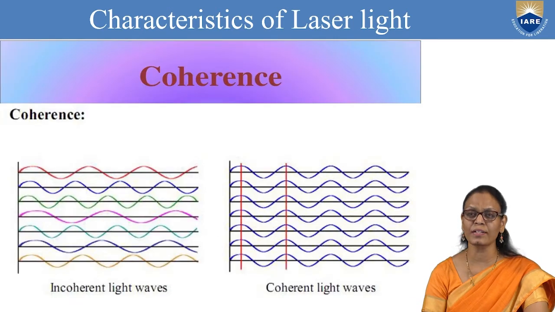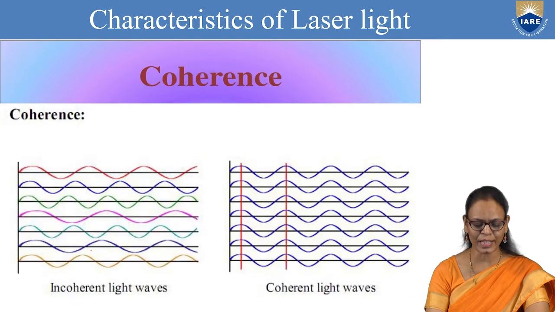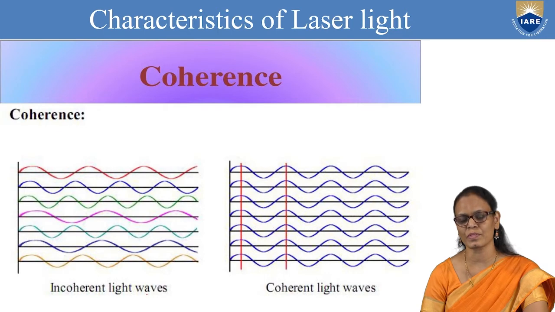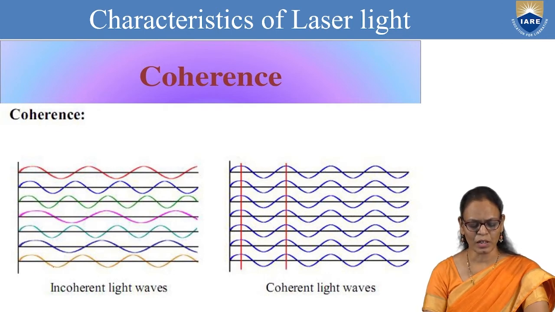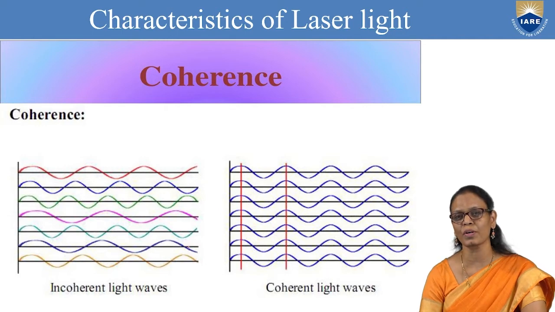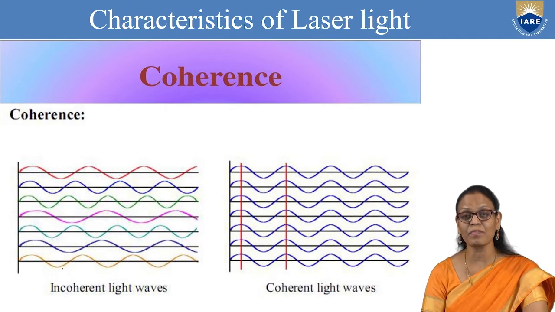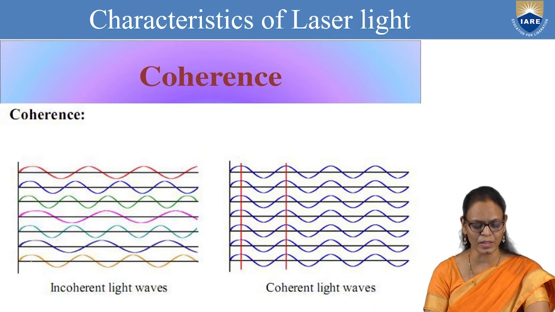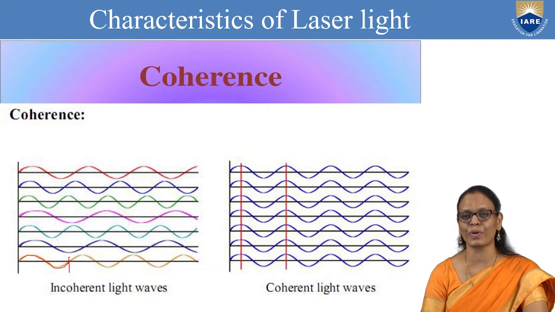Now, when you try to understand coherence, if you see the waves here, the first diagram represents the incoherent light waves. We are showing at least 7 waves here, and the wavelengths of the waves are different. One crest and one trough form a complete wave.